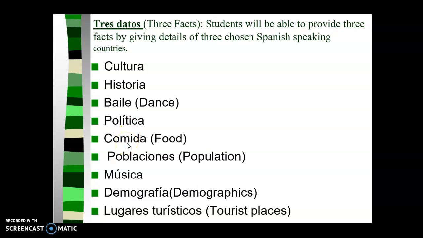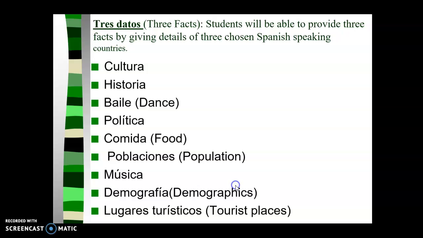You could give information of the traditional foods, comida, poblaciones, its population. You could incorporate música, music. You could add some demographics if you wish.